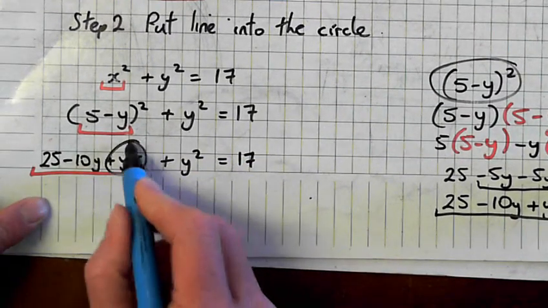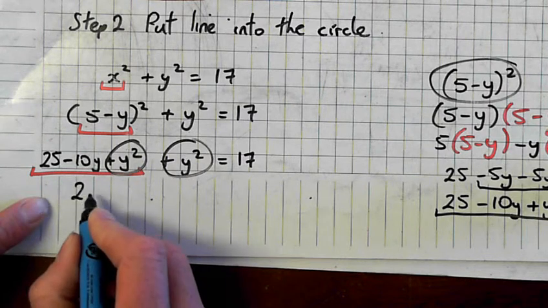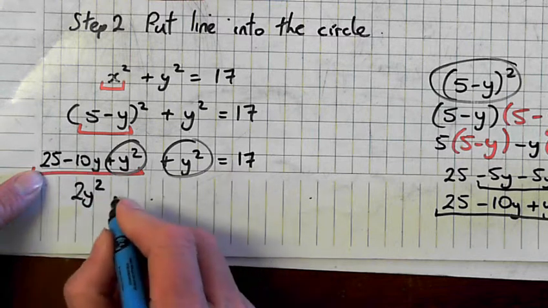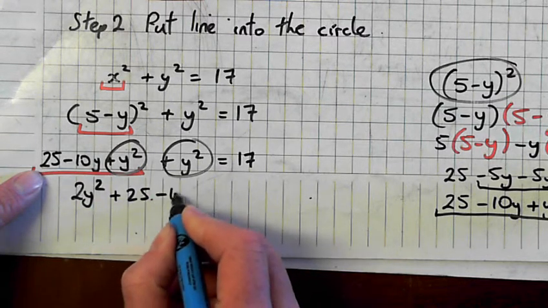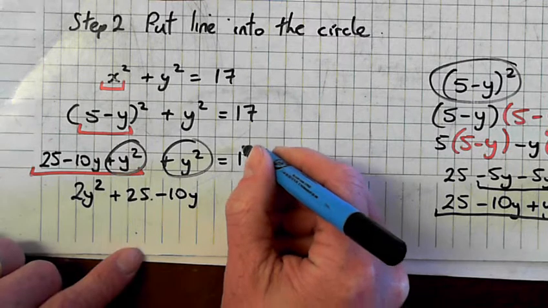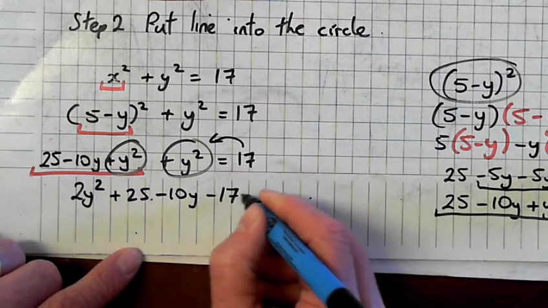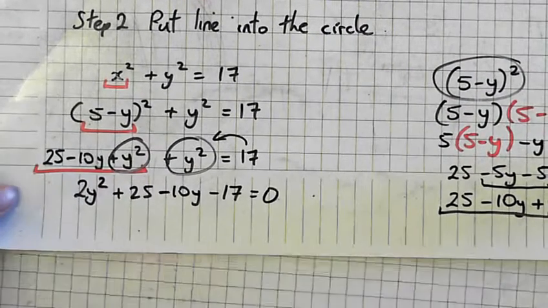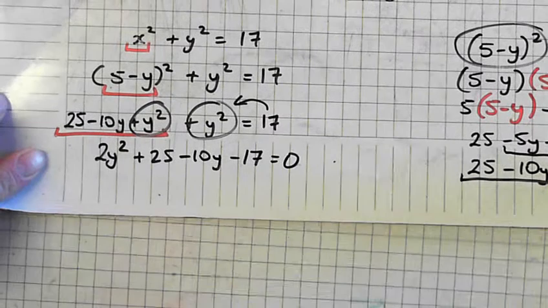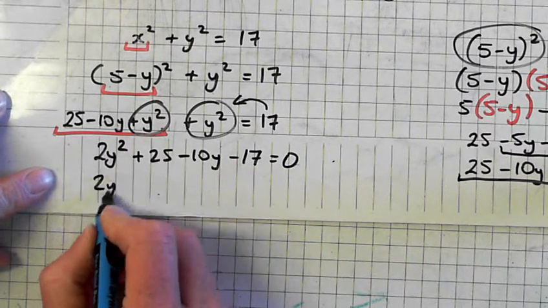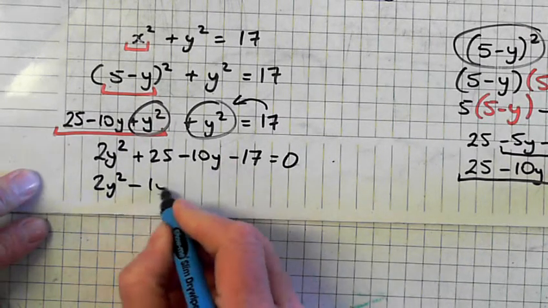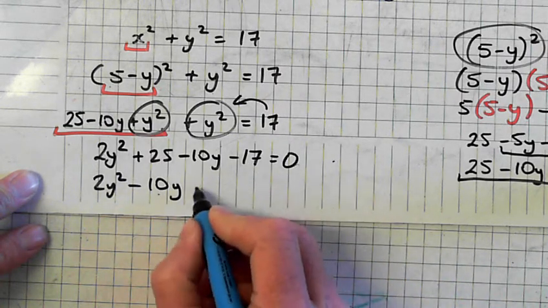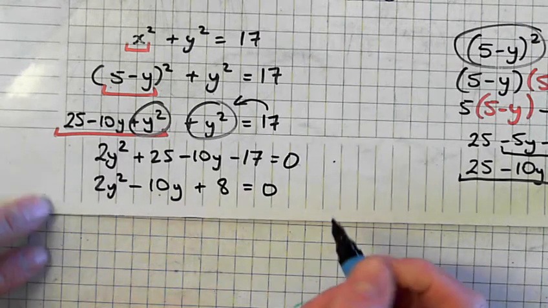Right, now I can add y squared plus y squared is 2y squared. I have 25 minus 10y, and I'm going to bring the 17 across to equals minus 17. Okay, so 2y squared minus 10y, 25 minus 17 is 8.